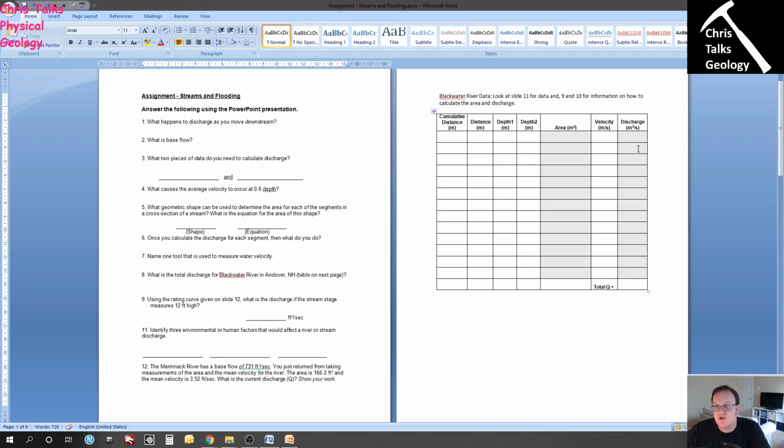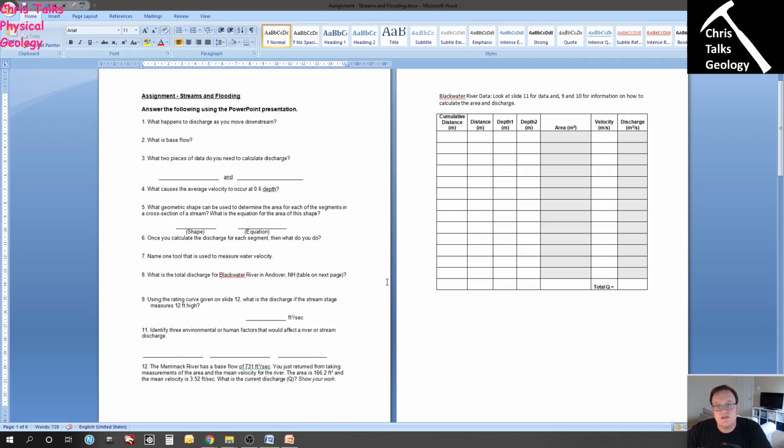When you're writing your values in this column here, try and keep them to 3 decimal places, unless of course you have a situation where it's 0.00001 or something like that, in which case feel free to go to 4 or 5 decimal places just for those slightly longer answers. Okay? And so this is how we actually calculate realistically the discharge for a river.